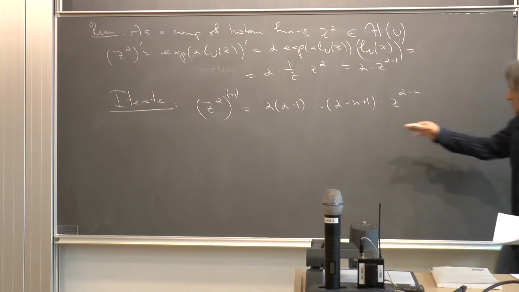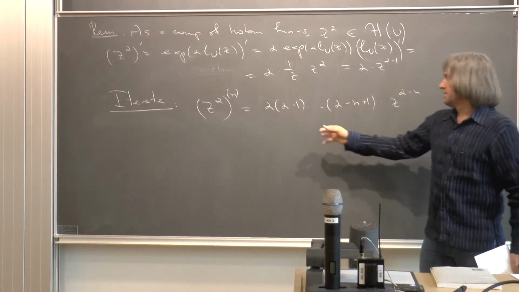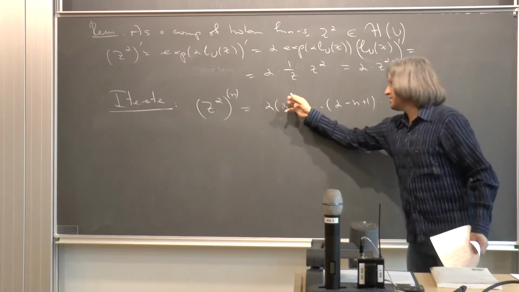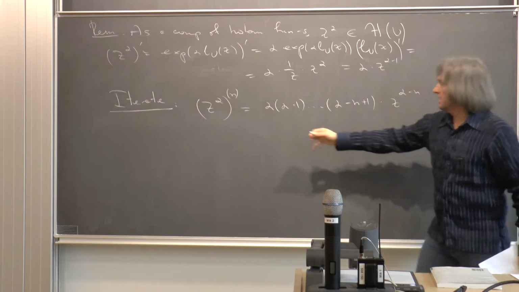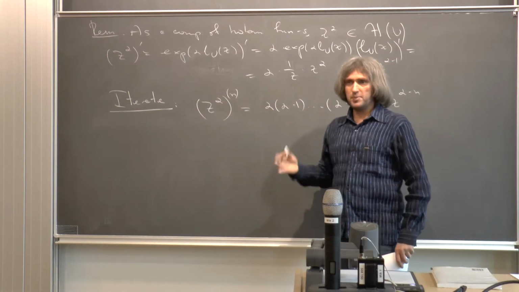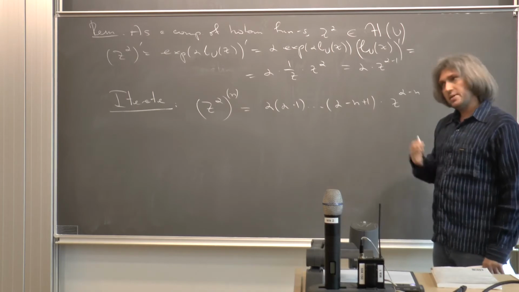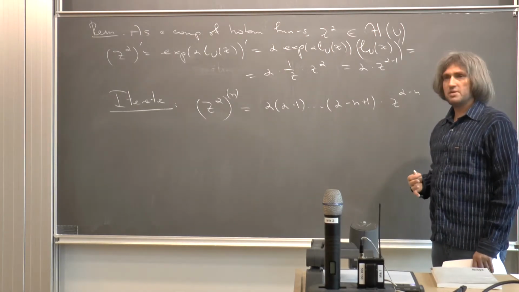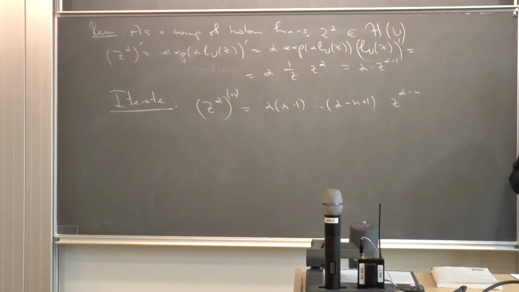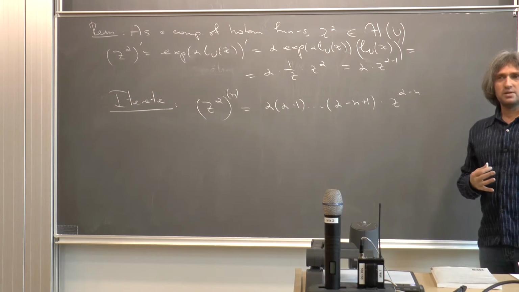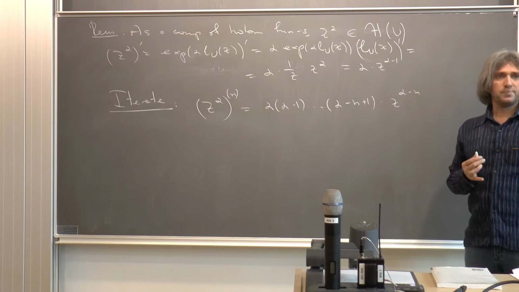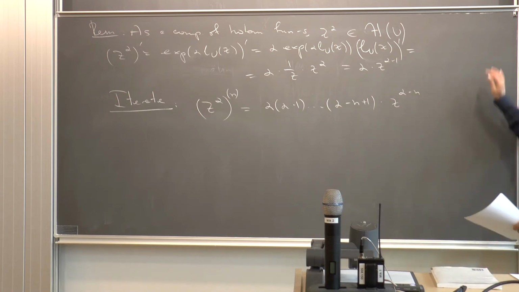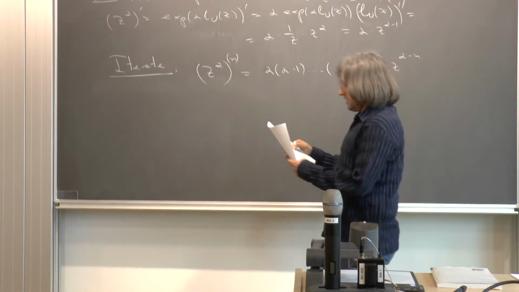If alpha equals 1, this will be 0. If alpha equals 2, the next one will be 0. So for integer exponents, we get the expected behavior that, say, the second derivative of z squared is 0 and so on. So this function actually coincides with the function we know a priori for integer values of alpha. Good.